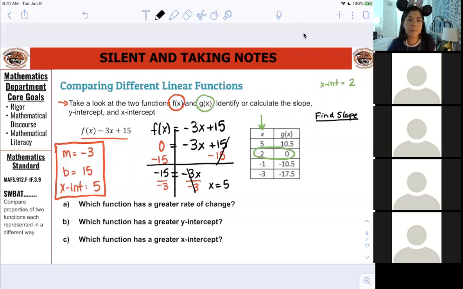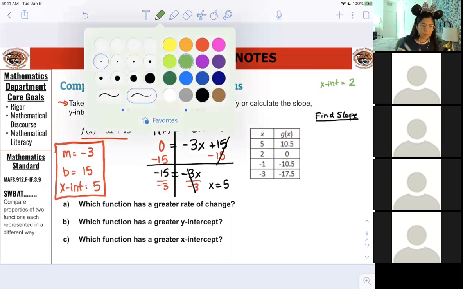And if you have an answer, you can send it in the chat. Okay, about 1 more minute left. And you can use your calculator.